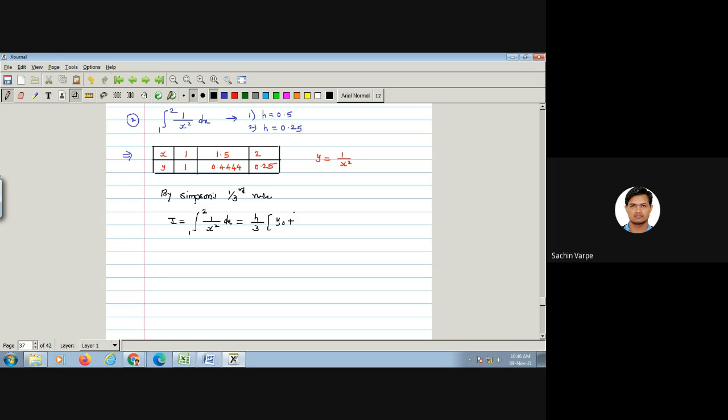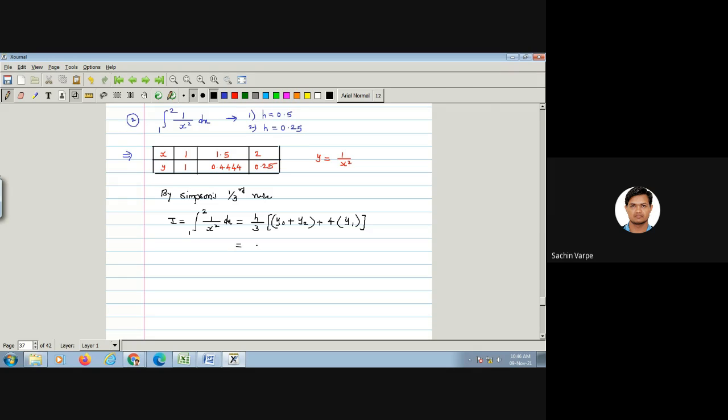What is last ordinate? y2. Plus 4 times even ordinates. So y1 is the only even ordinate, and there are no odd ordinates. So we stop here only.